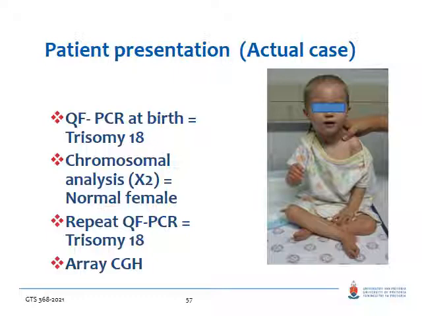We decided it might be a mosaic, so we did chromosome analysis, which came back normal female. I therefore questioned the QF-PCR, but when I repeated it, it again showed a trisomy 18. I therefore knew there must be extra chromosome 18 material and asked for an array.